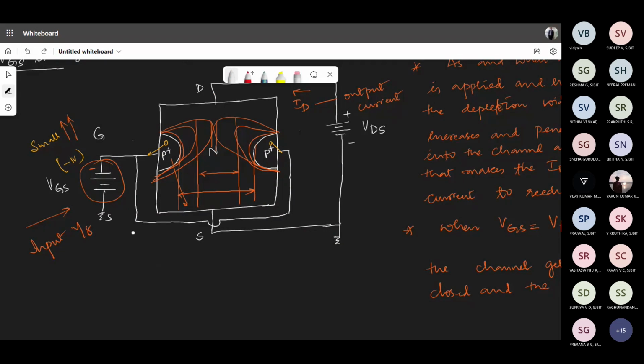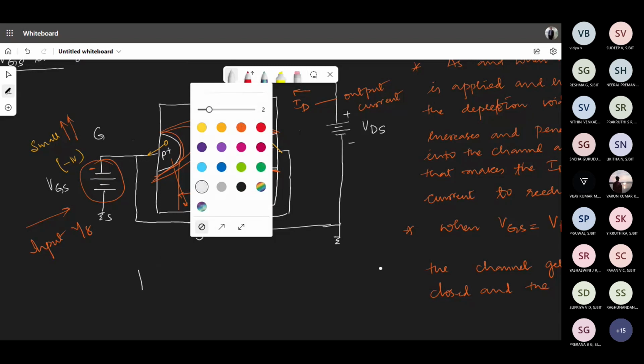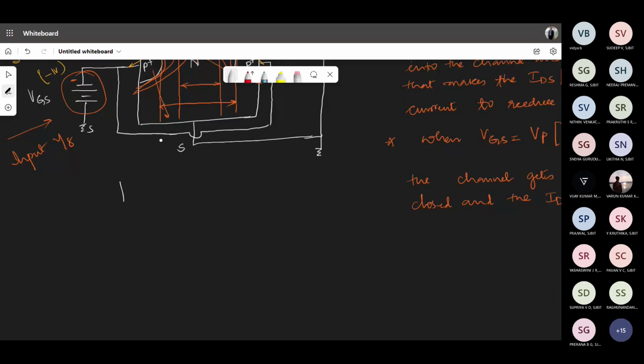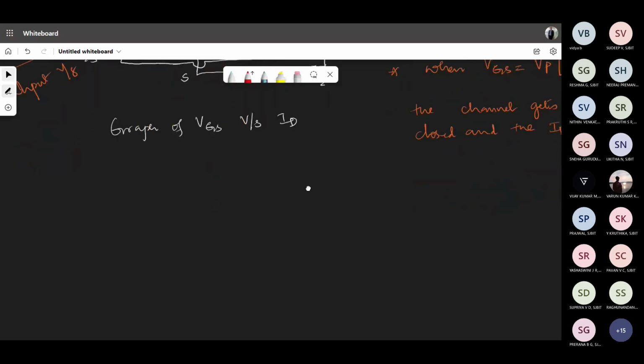Let's go back just a second. We'll have to plot a graph of VGS versus ID, because VGS sits on the x-axis, ID will be on the y-axis.